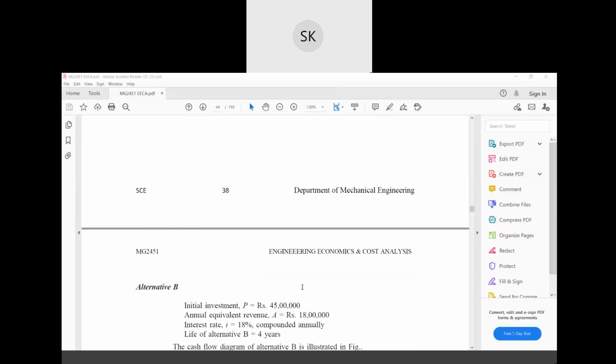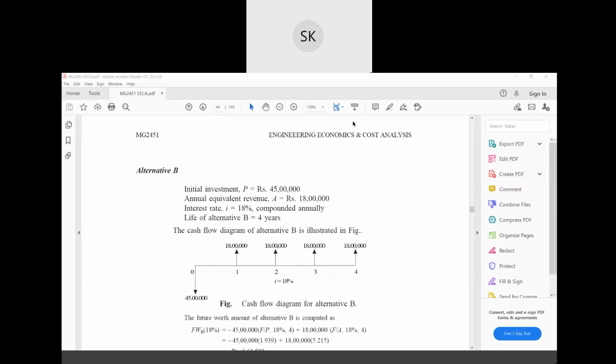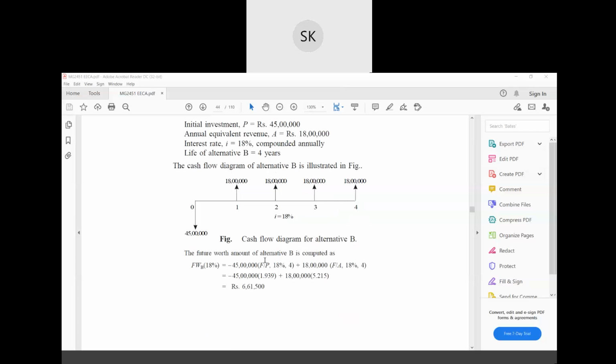Then for alternative B, all the givens are written. Initial investment was 40 lakh. Annual equivalent revenue is 18 lakh. Interest rate is 18% compounded. Life is the same, 4 years. For future worth, you can find it by applying the formula.